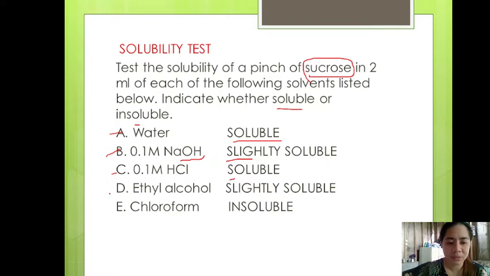Ethyl alcohol, the alcohols, it is slightly soluble. And in chloroform, sucrose is insoluble. Sugar is insoluble in chloroform. So, remember this, guys, because there is an item in your biochem lab exam with a question like this.